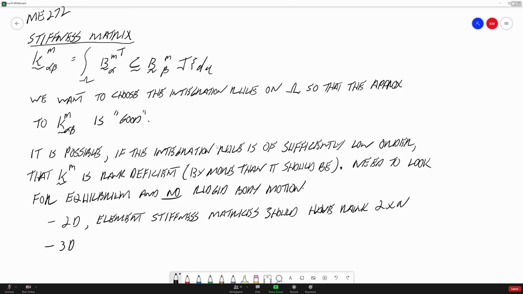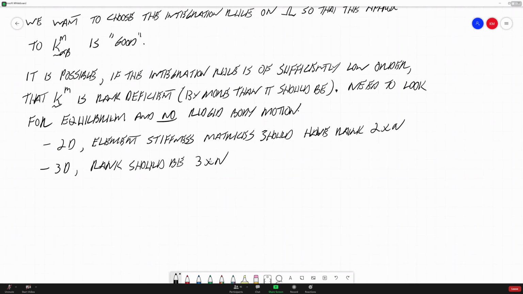And in 3 dimensions, the rank should be 3 by n. So you're looking for the shape of the matrix.